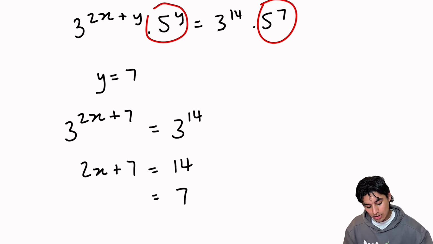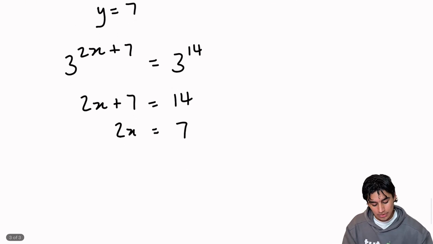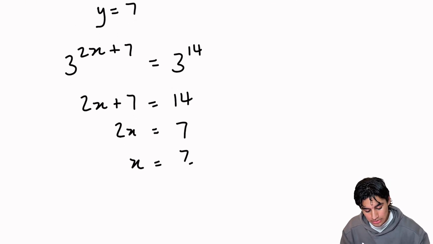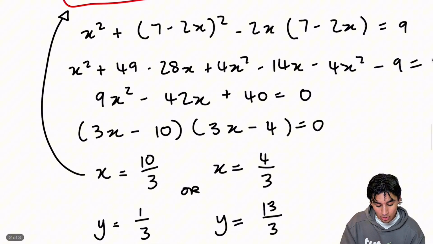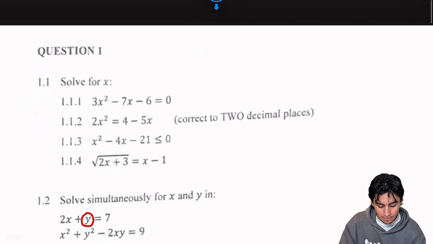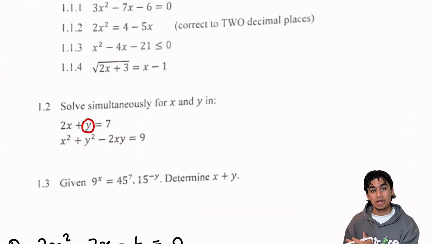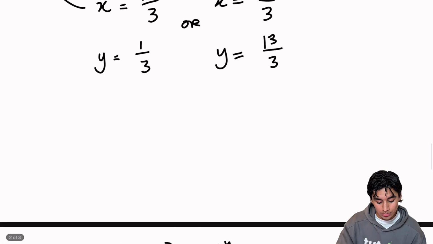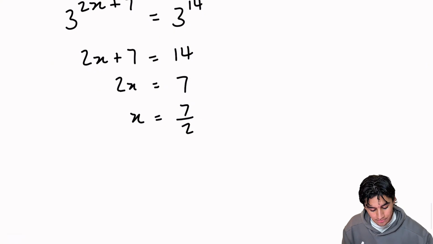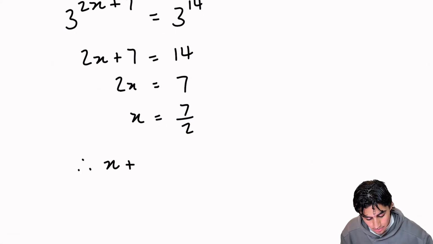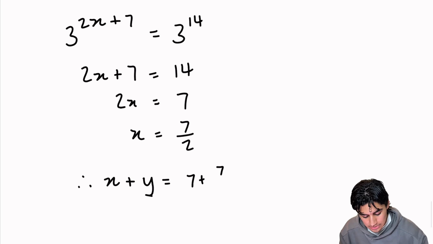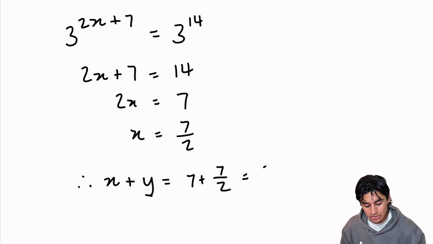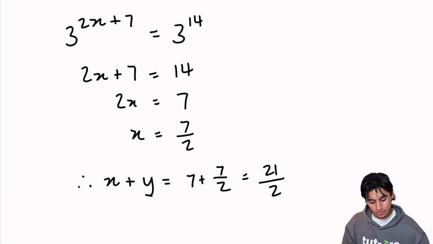Then I take the 7 over, 2x equals 7, divide both sides, I end up with 7 over 2. Now remember, you aren't done yet. The question did ask, if we just scroll all the way back up, determine x plus y. So that's exactly what you need to do, just add up your two answers. So therefore, x plus y equals 7 plus 7 over 2, which is going to give us 21 over 2.